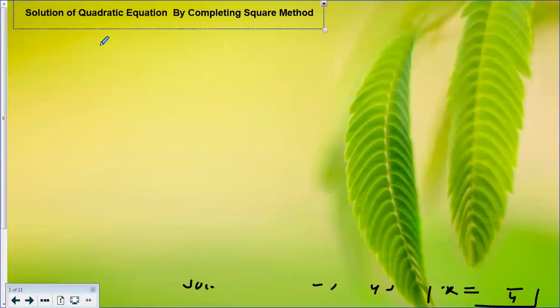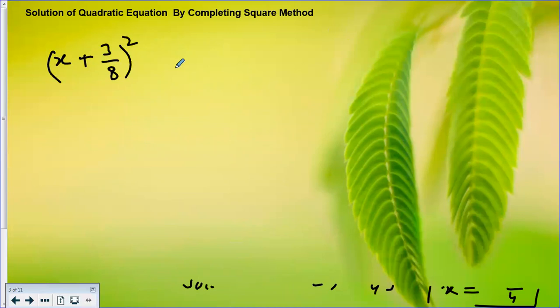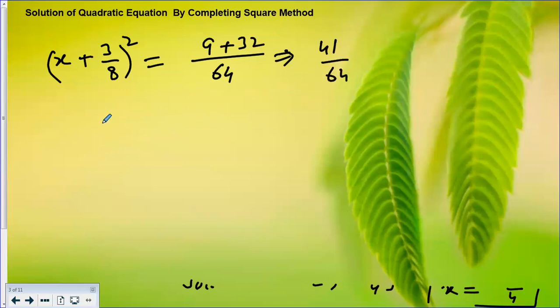Now we need to simplify it. So here we have x plus 3 over 8 whole square equals to, we just take the LCM, which is 64, so we get 9 plus 32, and this way we get 41 over 64.